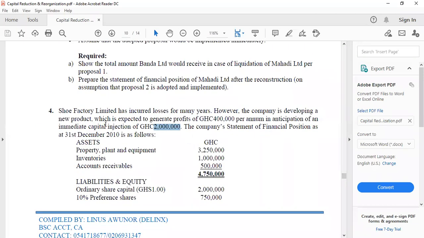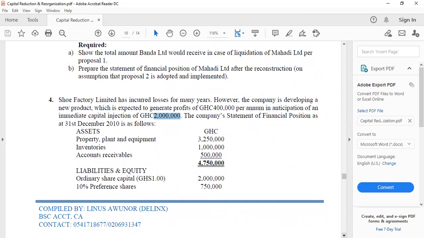So what are they saying? Which is expected to generate a profit of this amount per annum in anticipation of the immediate capital injection. So what will be the profit per annum? From the top.